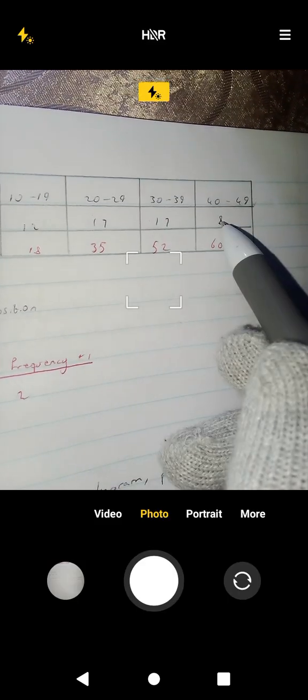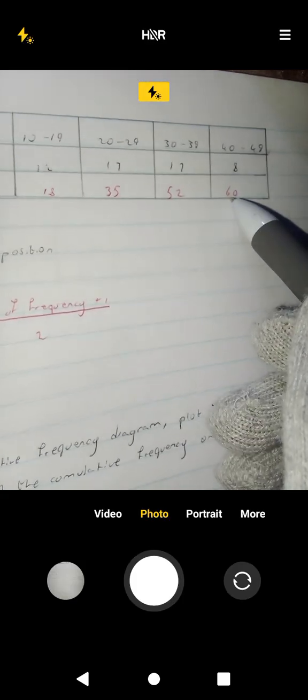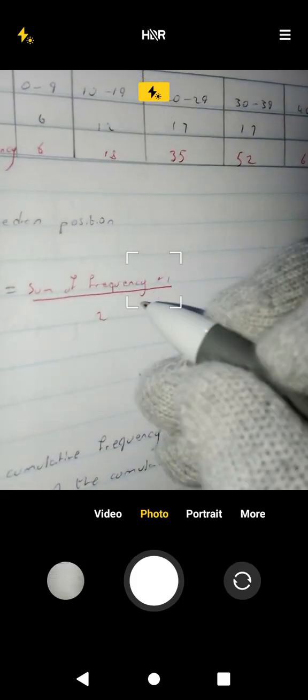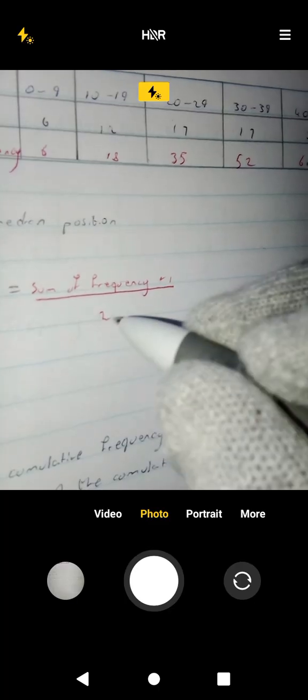So the sum of frequency is actually 6 plus 12 plus 17 plus 17 plus 8, which is 60. So it's 60 plus 1 over 2.